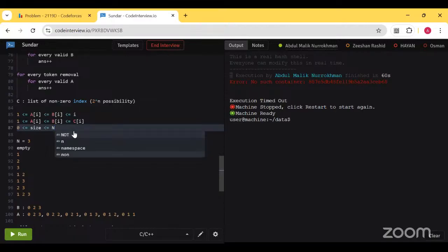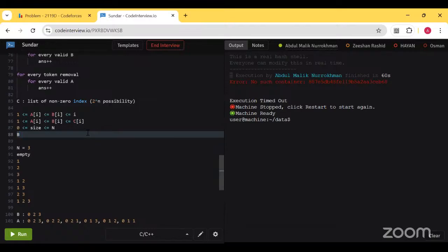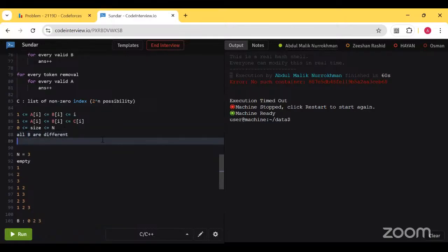After that, we want to find the number of values like this, but all B are different, and C are sorted in increasing order, different and sorted.